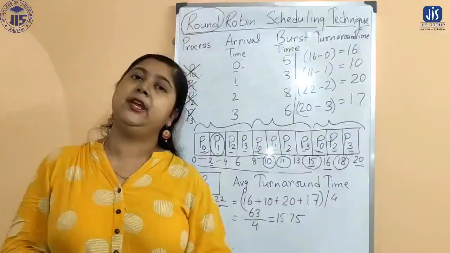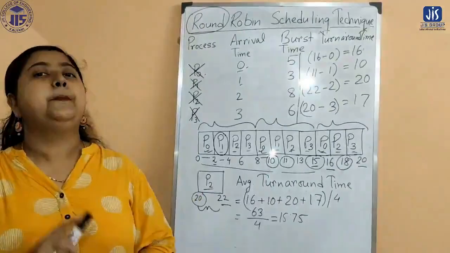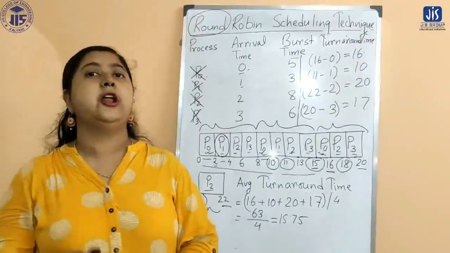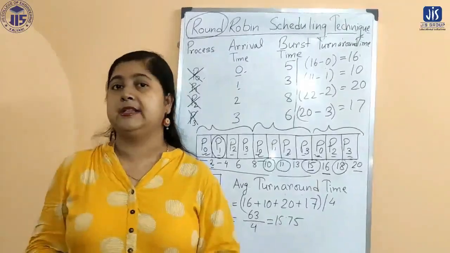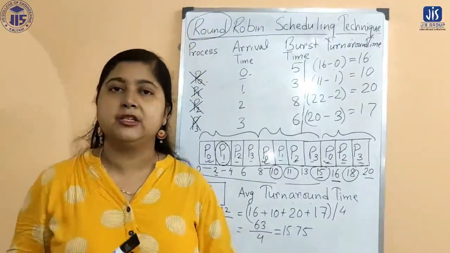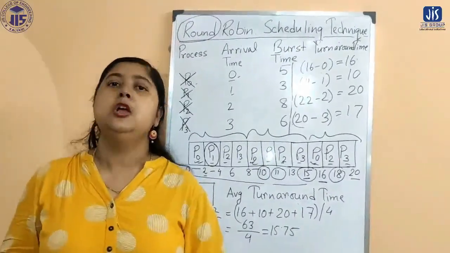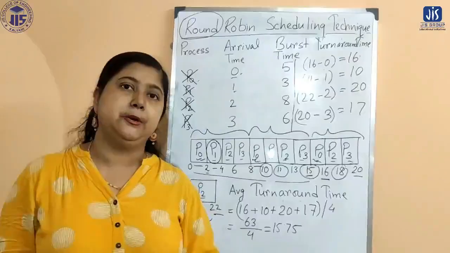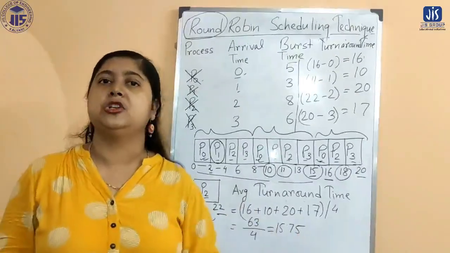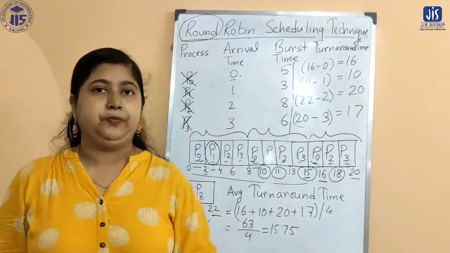Another thing you need to remember, the process will continue for at most that time slice. It is not at least. If the process is complete before the time slot expires, then it can release its CPU.